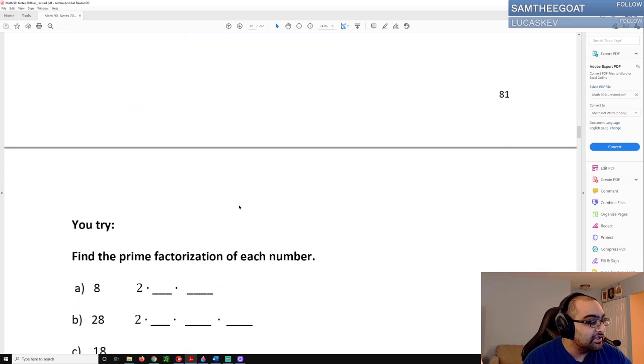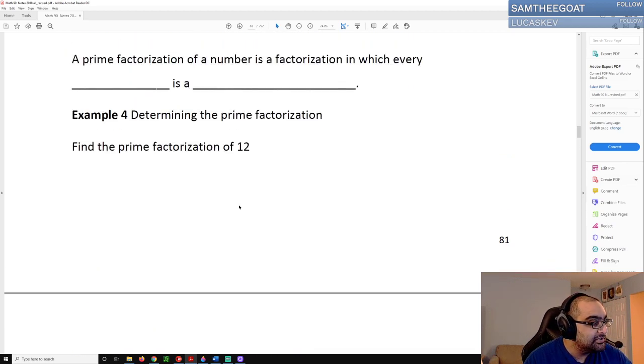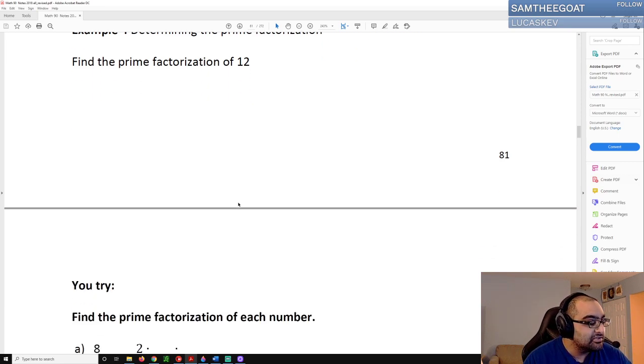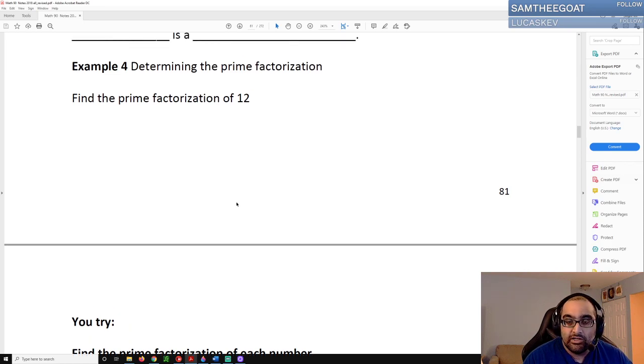That's what we're essentially going to be doing today: taking a number and breaking it down into its most basic prime factors. And we're going to be able to rewrite it in a couple of ways. Essentially that's what the latter half of this particular section refers to. So let's take a look at that and see what we're working with.